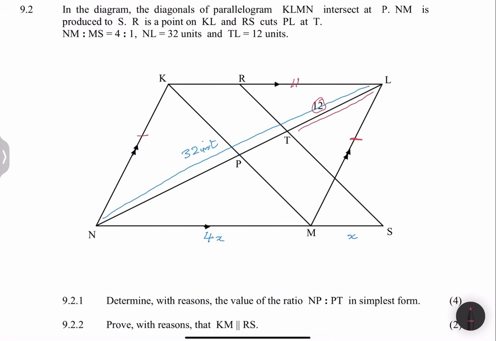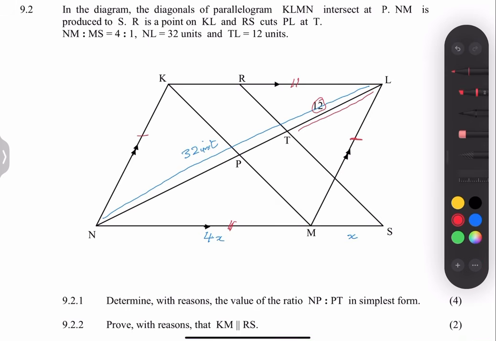It means KL is also equal to NM. Secondly, remember that the diagonals of a parallelogram bisect each other. So NP should be equal to PL, because they are diagonals of a parallelogram.